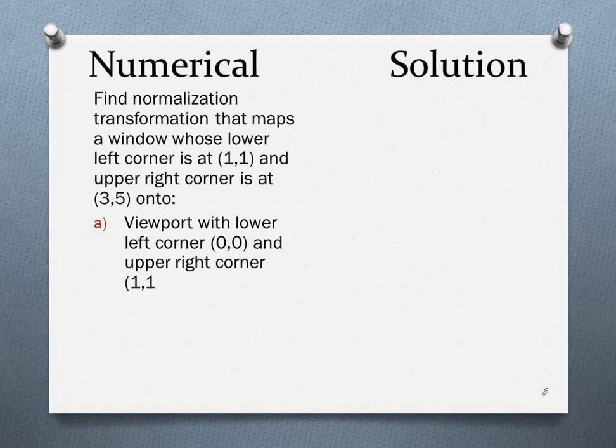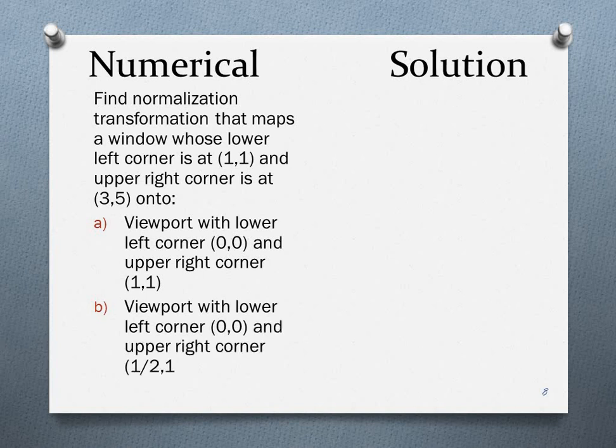We have to find the normalization transformation matrix, first for the viewport with lower left corner at 0, 0 and upper right corner at 1, 1. And there is another question in which we have to map the same window to the viewport with lower left corner at 0, 0 and upper right corner at 1/2, 1/2.